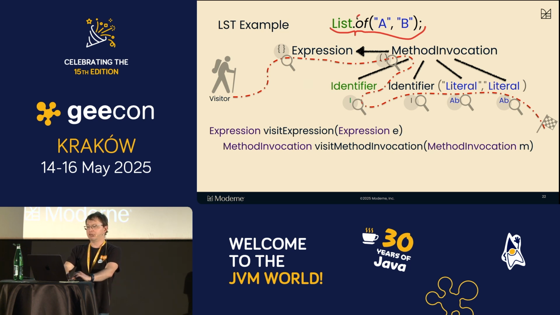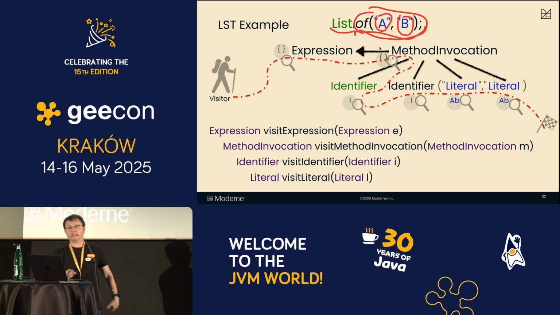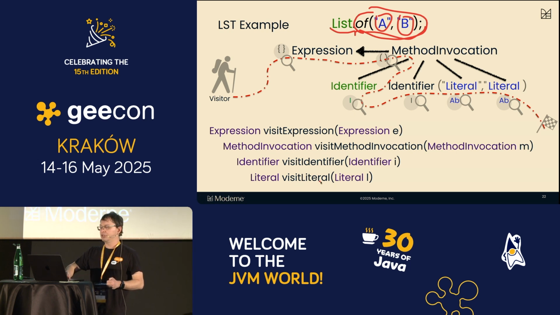So the method invocation will be of. After this, it will call visit identifiers. It is the first identifier, and this is the second identifier. And as our identifiers are literals, it will call visit literal.